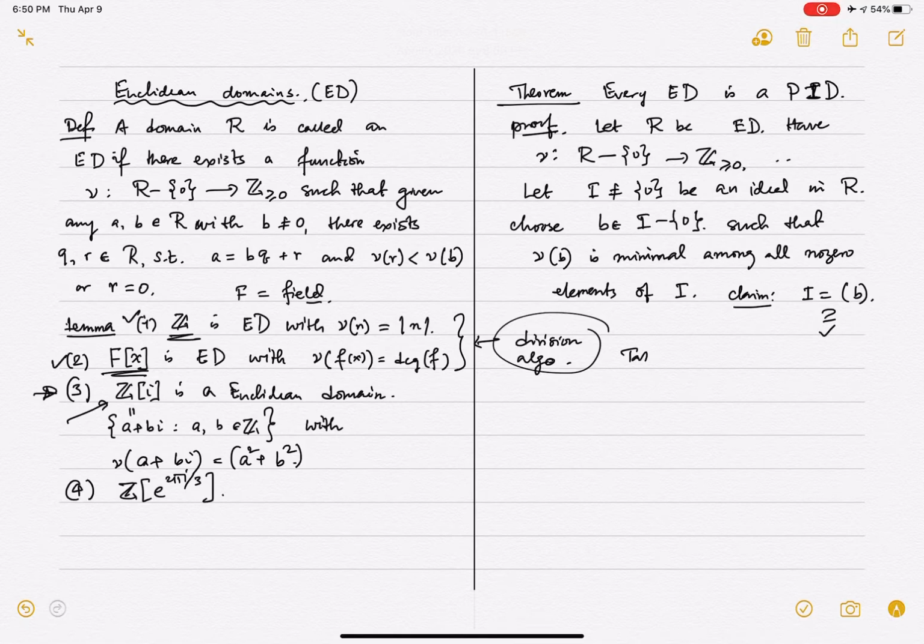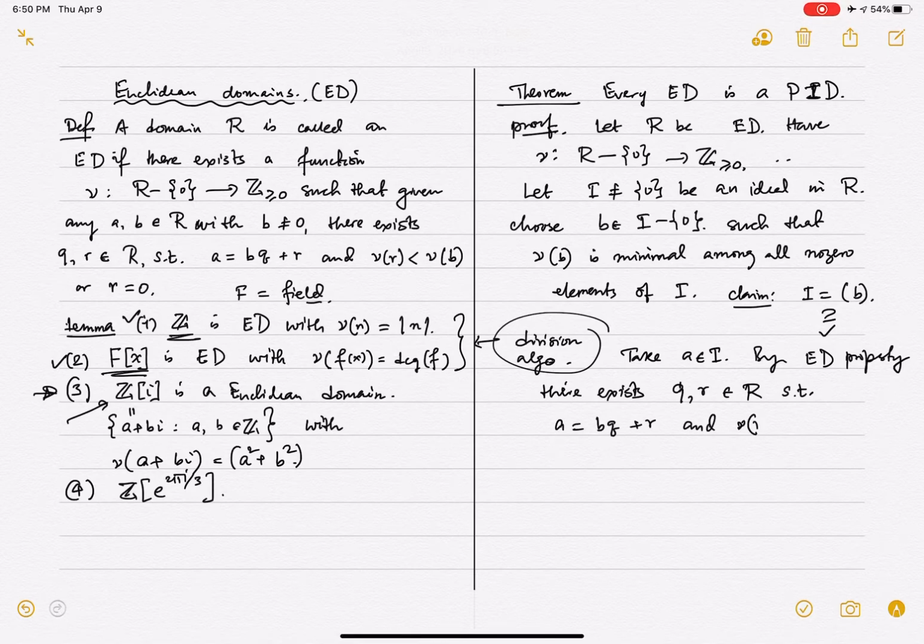So now take some A in I, and then by the Euclidean domain property, there exist Q and R in the ring such that A equals BQ plus R, and either R has less valuation than B or R is 0.